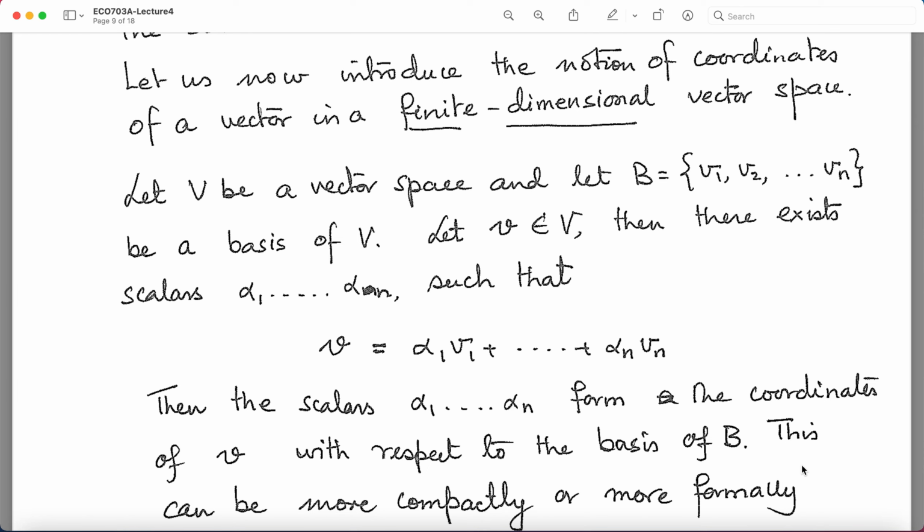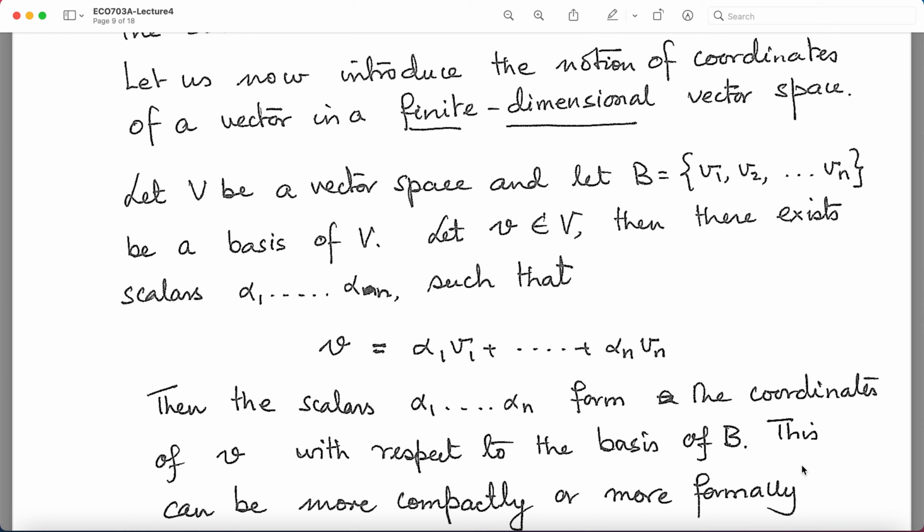Coordinate means an ordered series of real or complex numbers. If you have a vector space V which is finite dimensional, of course we are just talking about finite dimensional spaces, then given a basis B, corresponding to every V there is a coordinate.